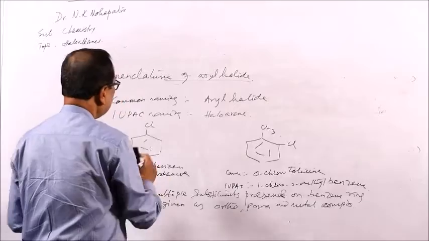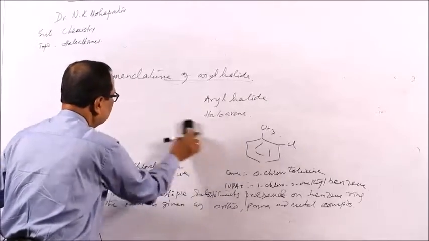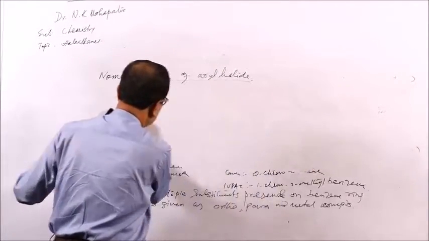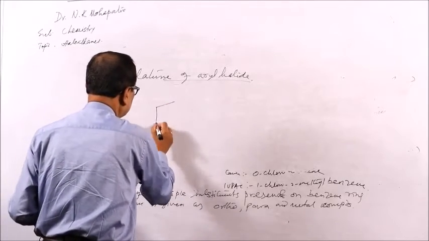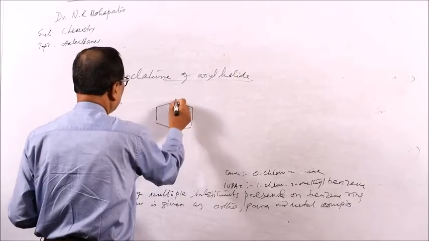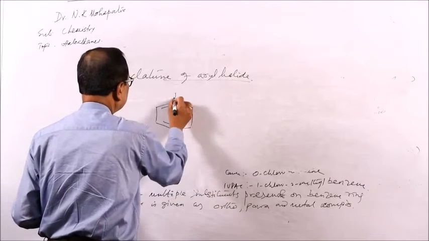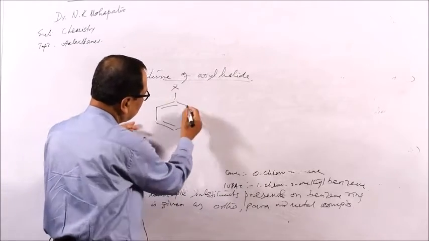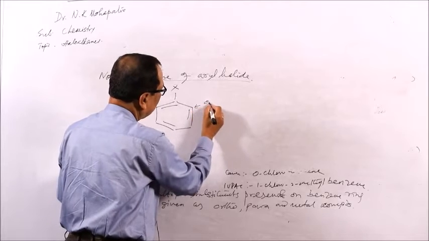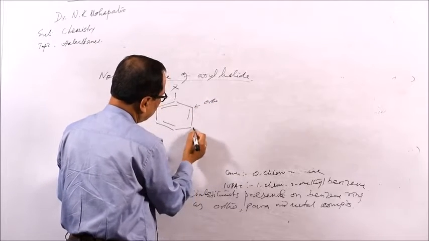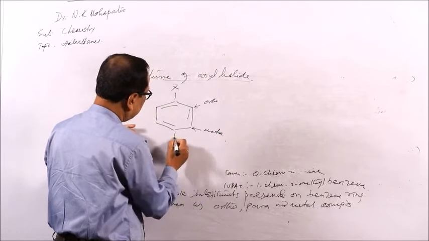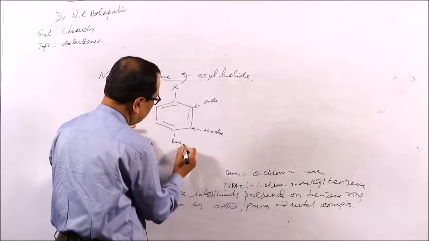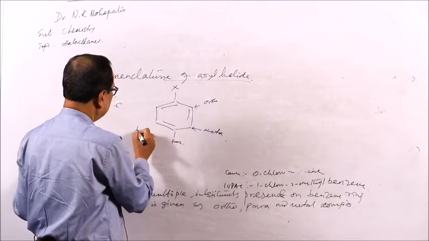For example, if in benzene one substituent is present here, say X, the other substituent at the adjacent position becomes ortho, this becomes meta, and this becomes para.